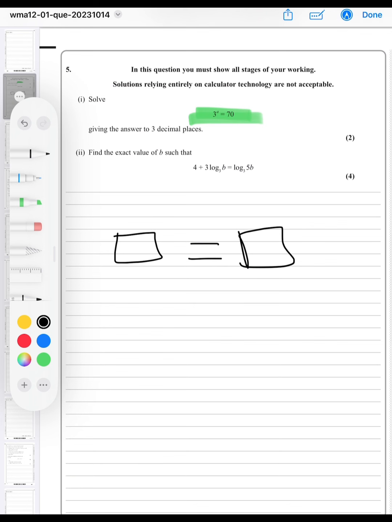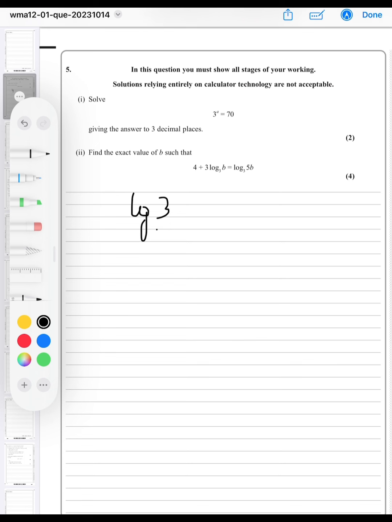And if you cannot make the power same and the power is unknown, which means that you have to move the power from here to the bottom. So what will you do? You need log. So in the first part we will apply log on both sides. So let's suppose I apply lg on both sides, lg 70.